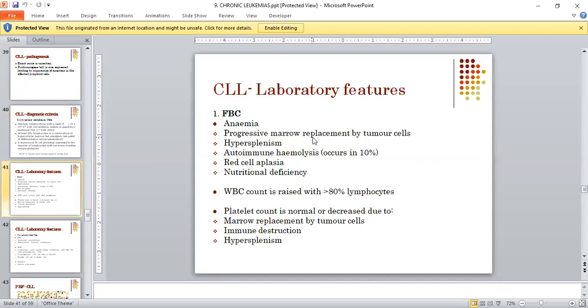A full blood count will reveal this information: anemia, increased white blood cells, with over 80% of them being lymphocytes. Platelet count can be normal or decreased. So of importance in terms of the lab features is 80% of their white blood count being lymphocytes.